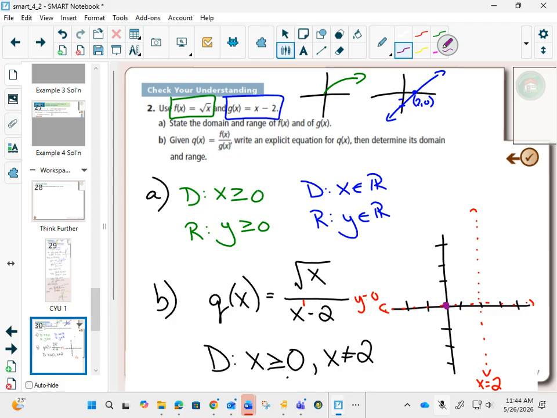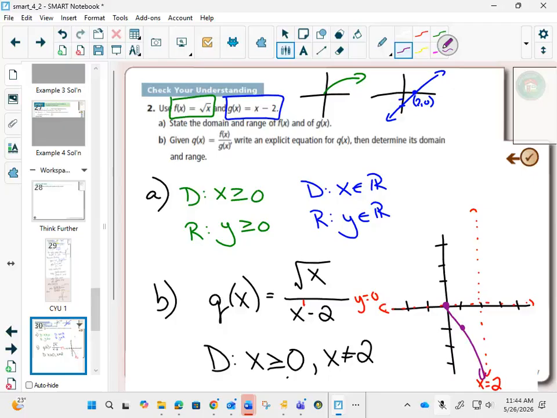What happens when I plug in 1? On the green graph you have 1, 1. On the blue graph you have 1, negative 1. If you plug it into the graph here, you get square root of 1 over negative 1, which is negative 1. That's enough information to say it's going to go down towards the asymptote that way. I'd probably plug in 4 next, and 4 is nice.